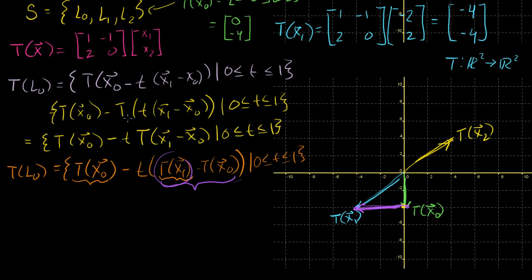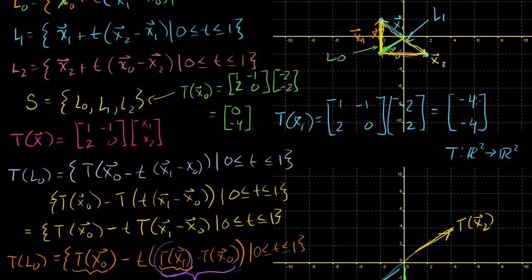We can do the exact same logic to say, you know what? What's going to be the transformation of L1? Well, L1 was between the points x1 and x2. That was L1. So using the same logic, we can do the math all over again, but it applies to any line. I did it all abstractly here.